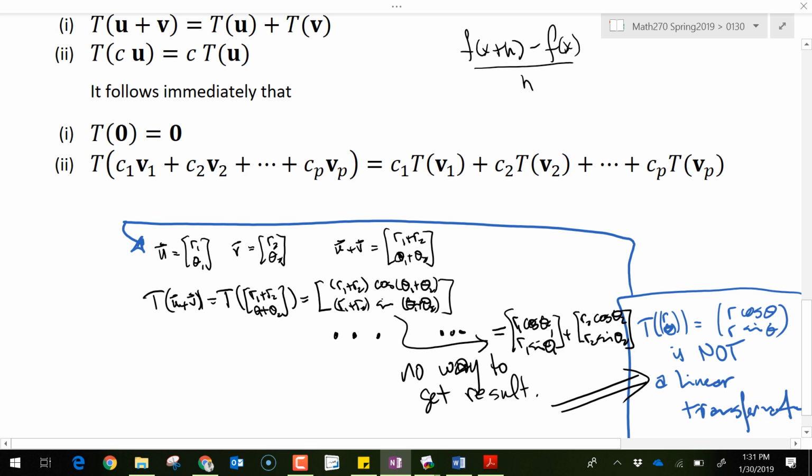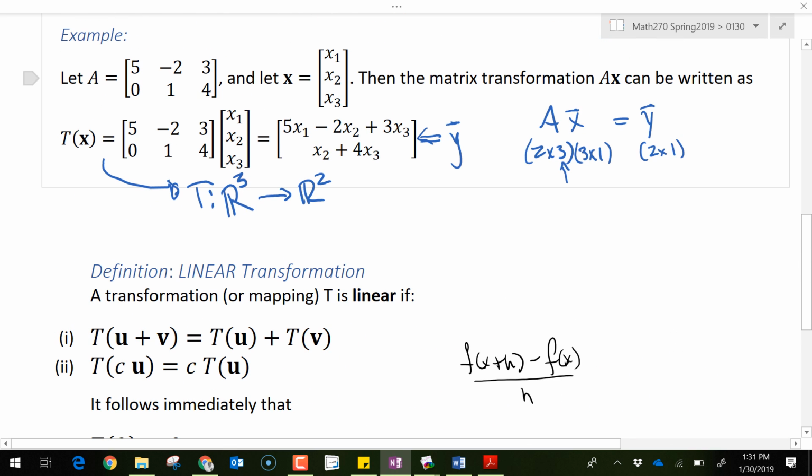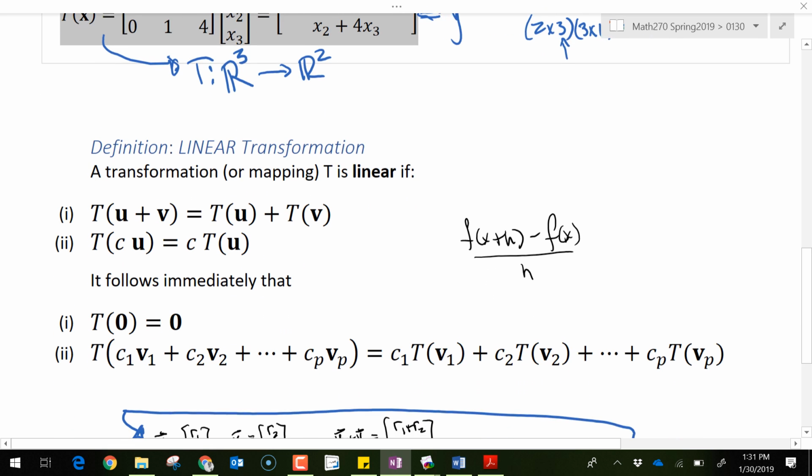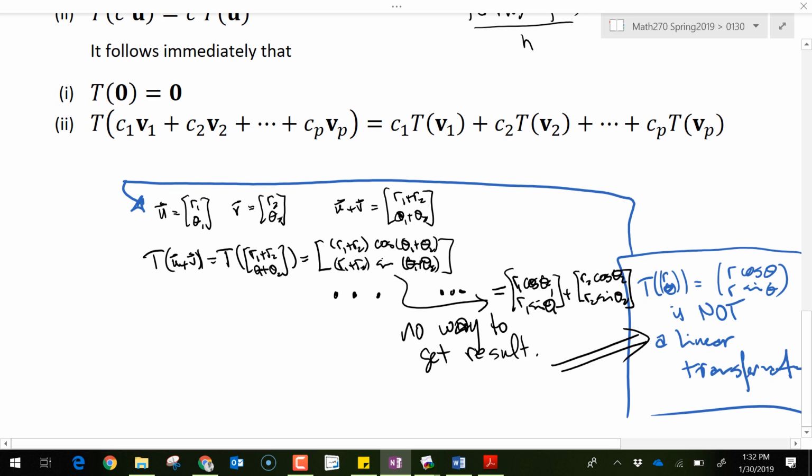Okay. Now let's take a look at this example, which I said was linear. And let's see if that works out. So by the way, the first one didn't work. So the second one, T of c times u.